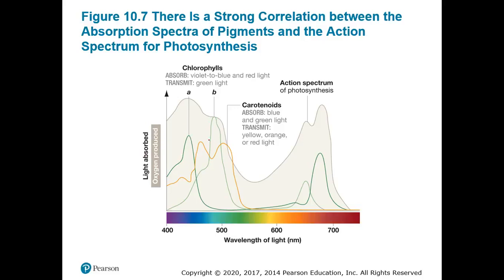So chlorophylls that absorb, again, this red and blue, are going to have a higher amount of light absorbed, meaning they are better at driving photosynthesis than your carotenoids that absorb blue and green light instead. So you'll see with the carotenoids this dip in our action spectrum. They are not as effective as our chlorophylls at producing oxygen, at absorbing light.